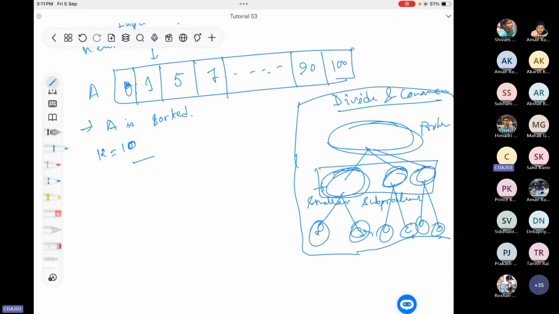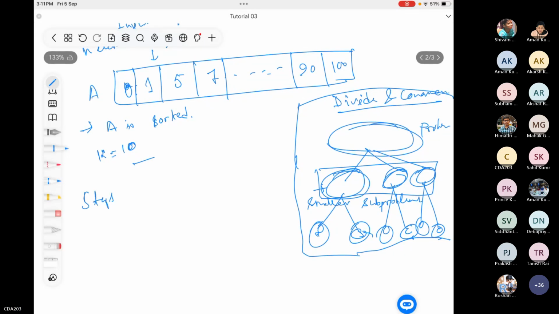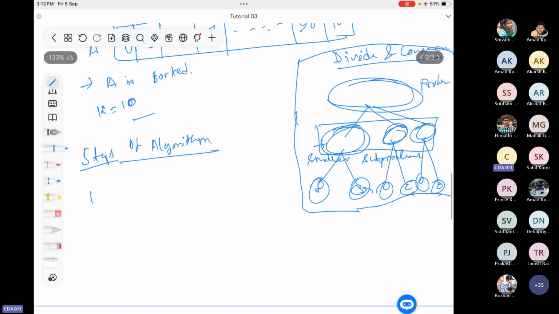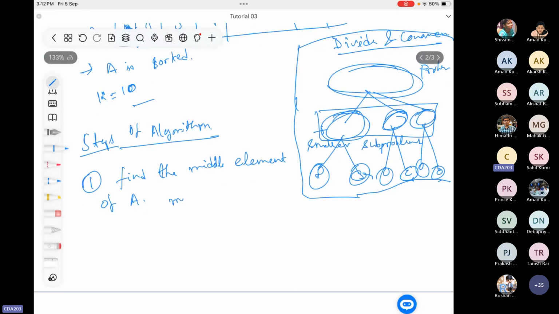Now, the steps of the algorithm. The first step is to find the middle element.